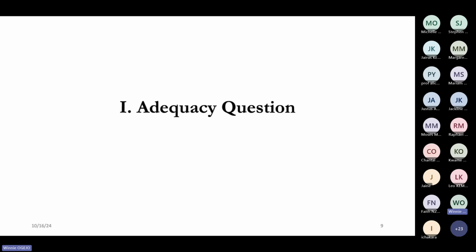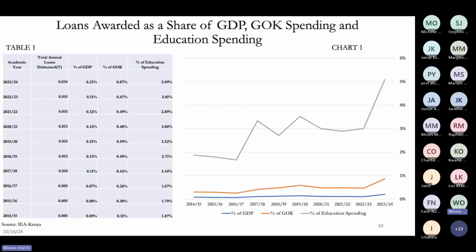So in speaking to the first part, which is our supply side, we analyzed what the trends show us as far as the government, as a share of GDP, as a share of government spending, and as a share of education spending.